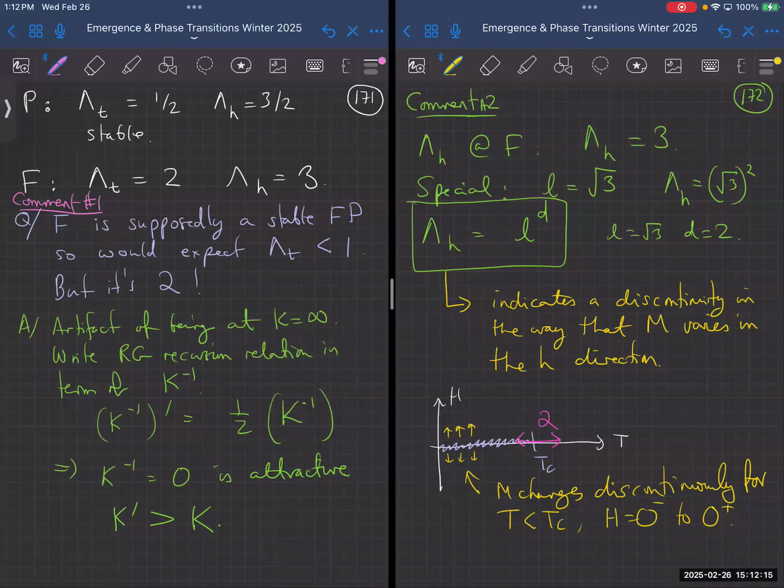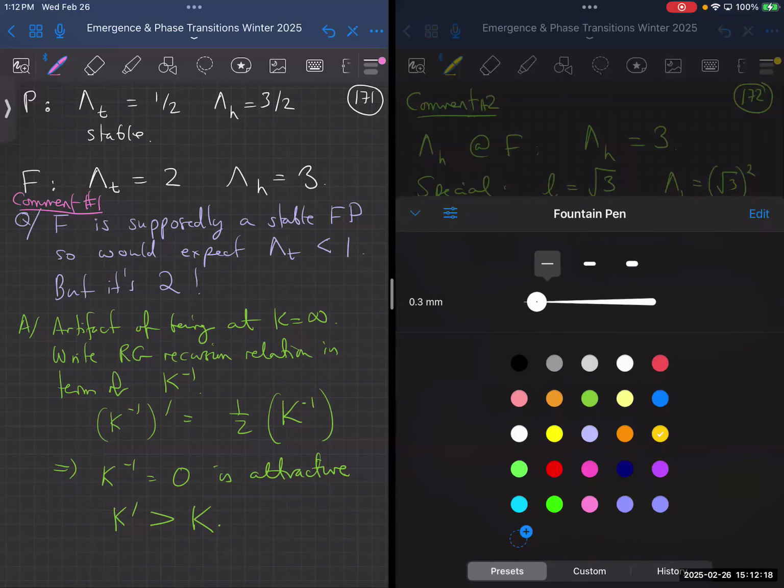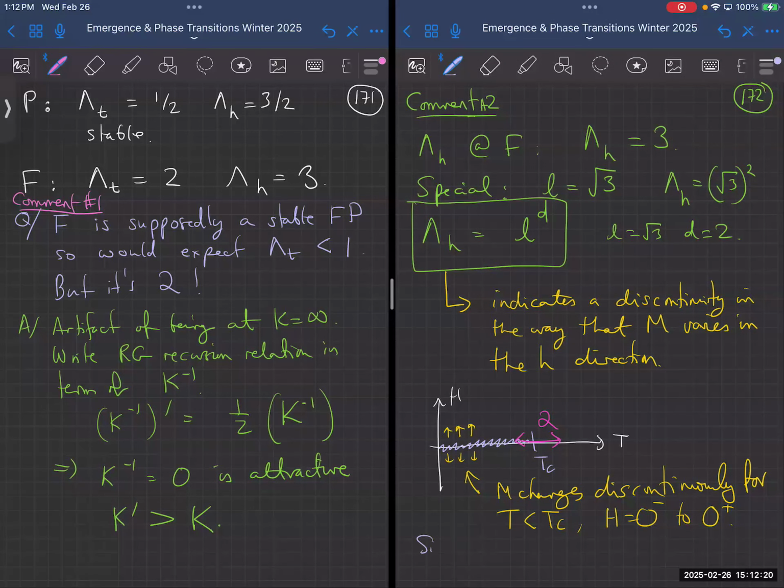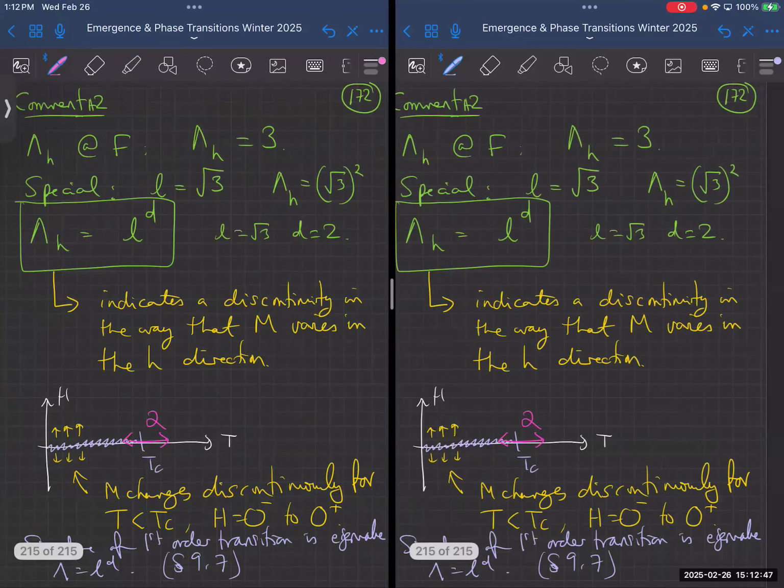And you can see that this first order transition is that there is an eigenvalue whose value is L to the D. And that's in section 9.7 in the book, but I'm not going to spend any more time on that.